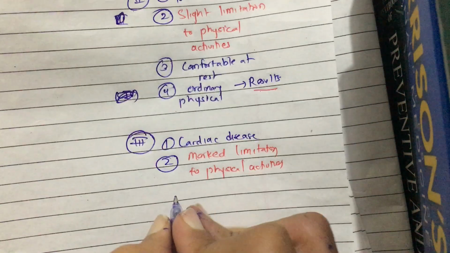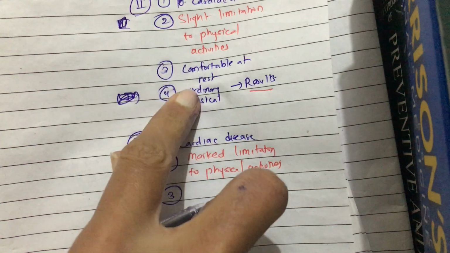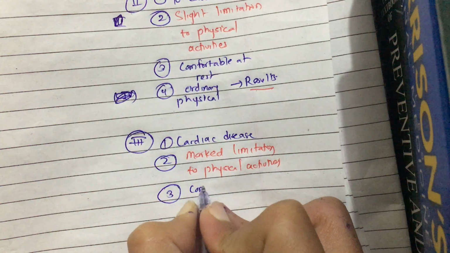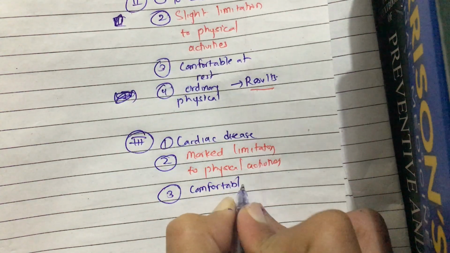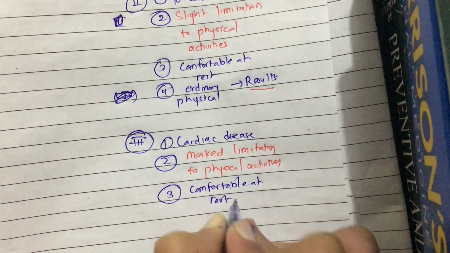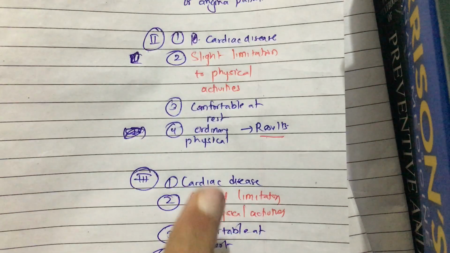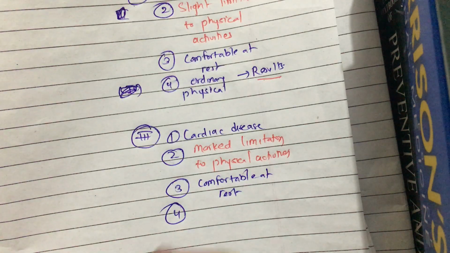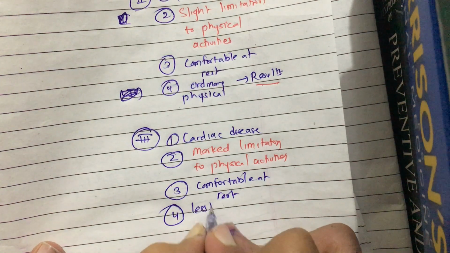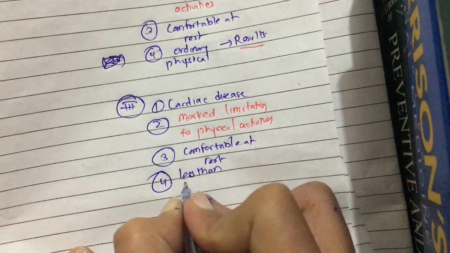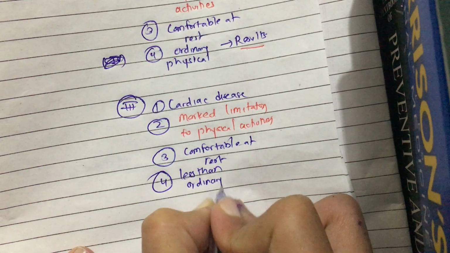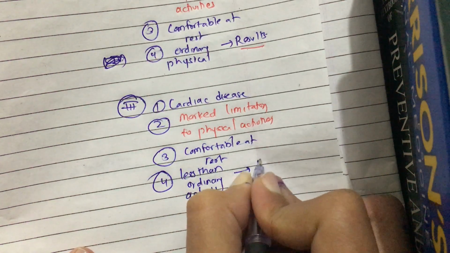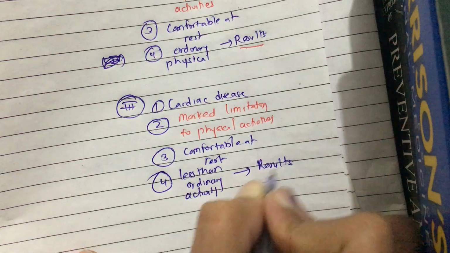Third point, comfortable at rest, okay. NYHA classification 2 also comfortable at rest, 3 also comfortable at rest. Fourth, ordinary physical activity results in dyspnea. In NYHA classification 3, less than ordinary activity results in dyspnea, palpitation and undue fatigue.